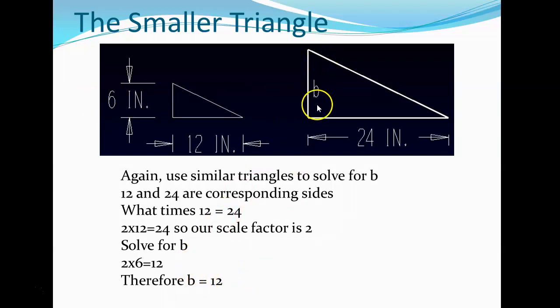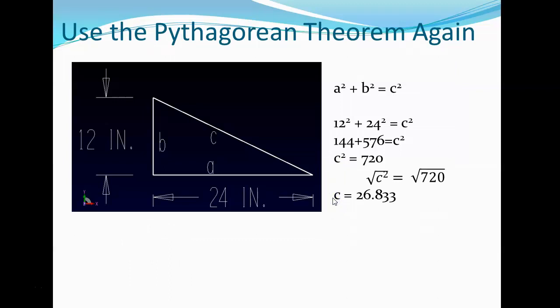Therefore, B is 12 inches. Now, using the Pythagorean theorem again, substituting in 12 and 24, square them, add them together, gives you c squared equals 720. Find the square root of both sides. C equals 26.833.